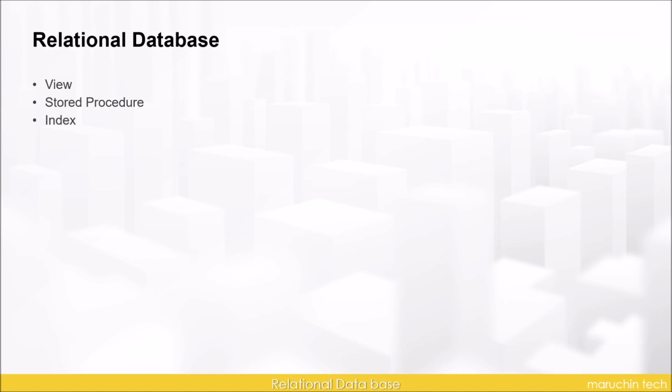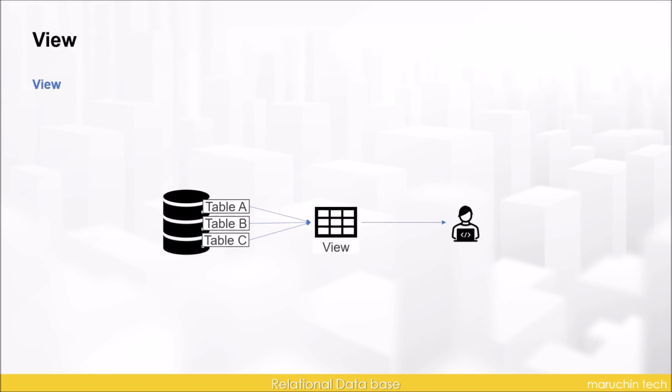Next, I will introduce the functionality of relational databases: view, stored procedure, and index. A database view is a virtual table based on a query to retrieve data from the table. It is created to reflect the actual data stored in the original table.